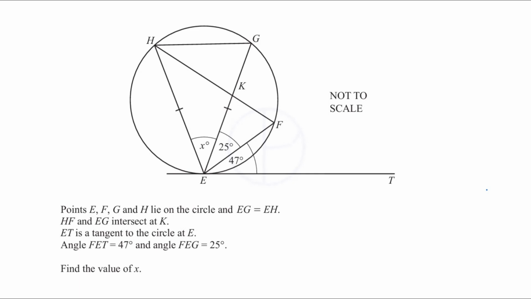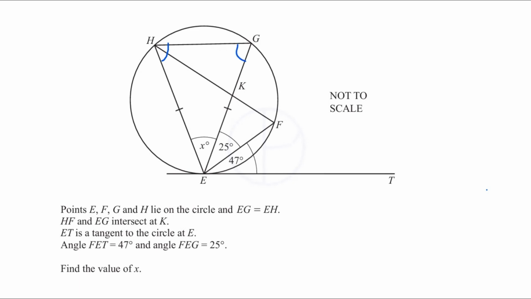Find the value of X. Here it's given EG is equal to EH. So in triangle HGE, two sides are equal. That means it's an isosceles triangle. So angle at H is equal to angle at G.